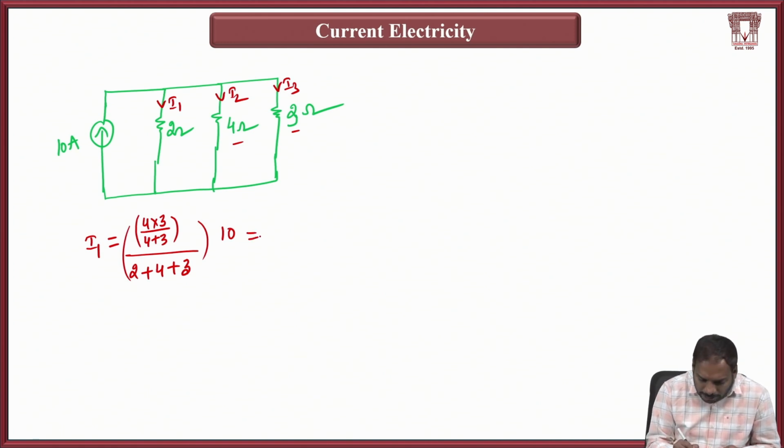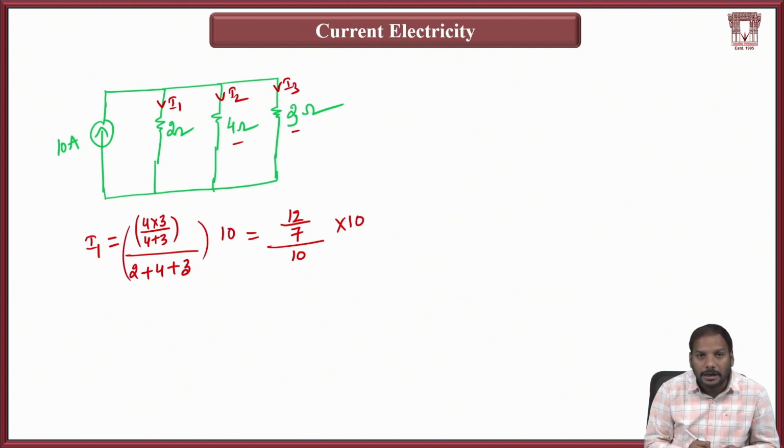So 12 by 7 whole divided by 9, multiplied by 10. From this you can directly write it as 12 by 7 amperes.